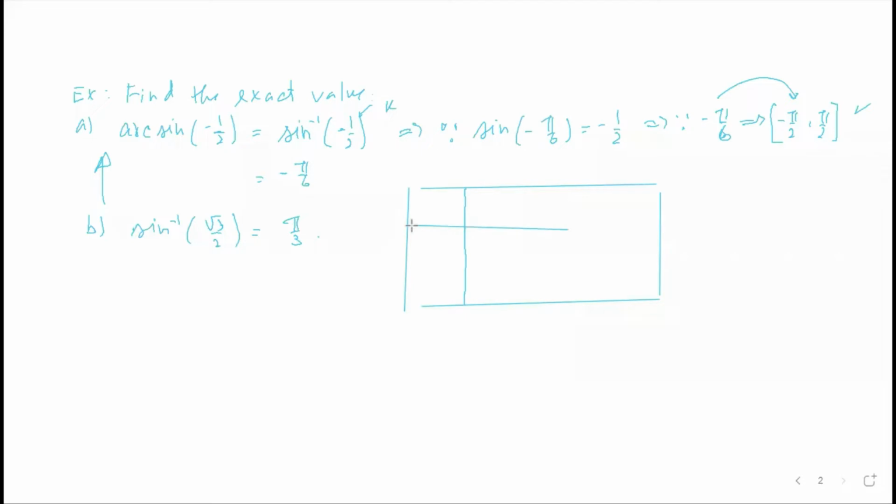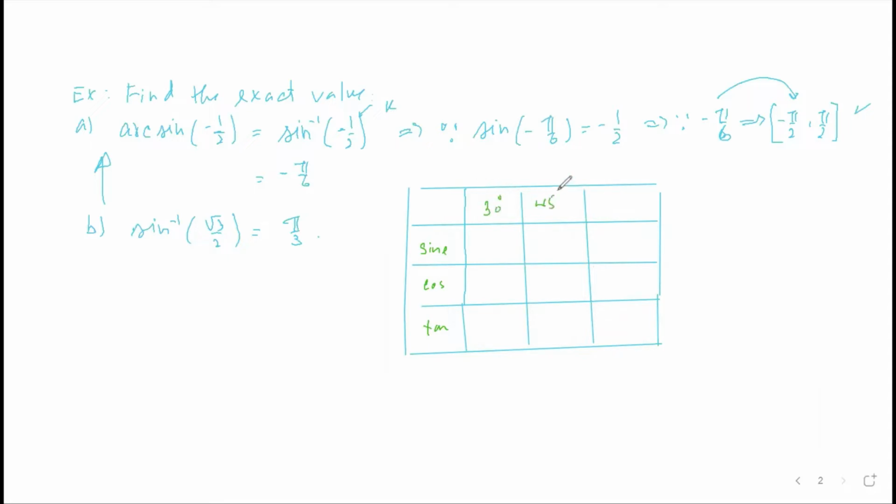So I draw this one, and I have one more line here. If you recall, we have sine, cosine, tangent, and the angles 30 degrees, 45, 60, right?